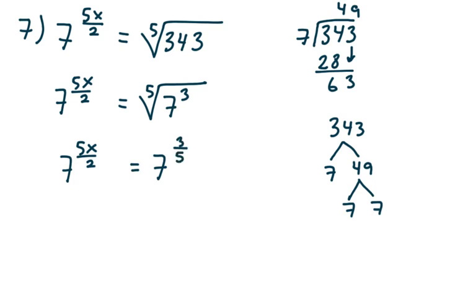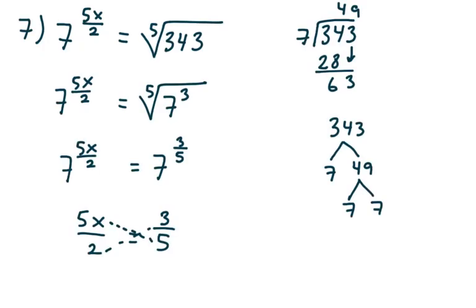And if 7 to the 5x over 2 equals 7 to the 3/5, we can say 5x over 2 is equal to 3 over 5. And this is a nice cross multiplication problem. So what we can say is 25x is equal to 6.